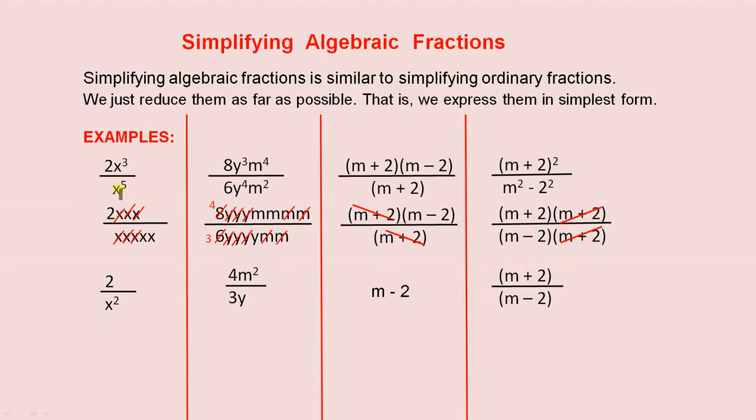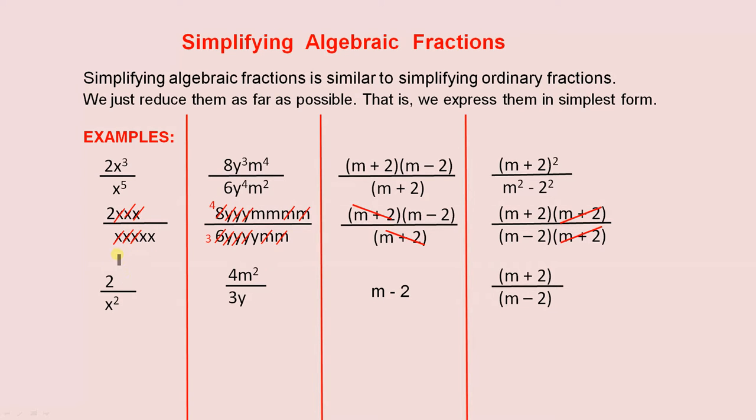2x cubed over x to the power of 5. Now x cubed is x times x times x. X to the power of 5, I have expanded that here. Now, we're allowed to cross off 3 x's from the numerator and 3 x's from the denominator.